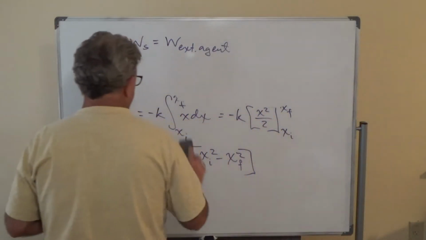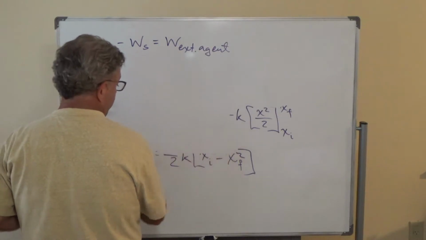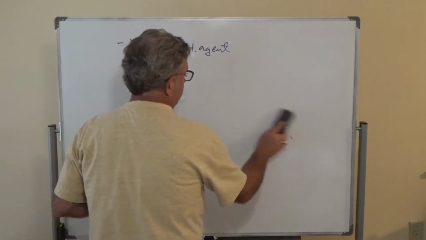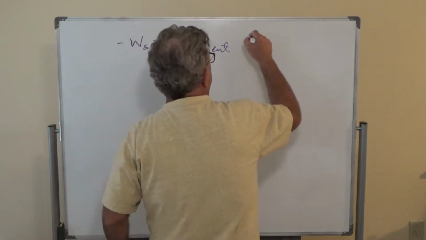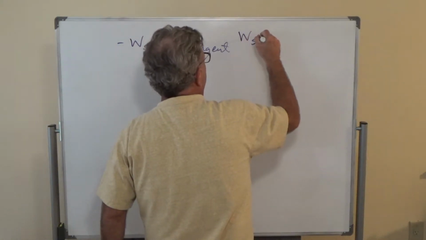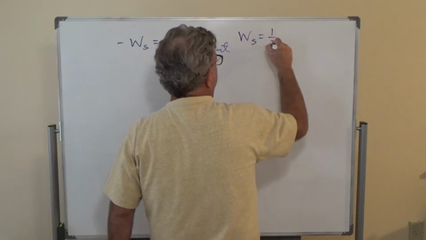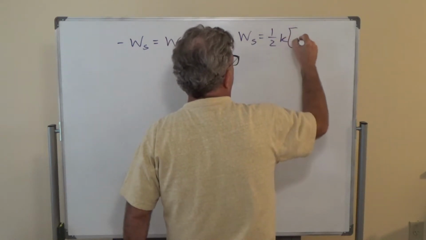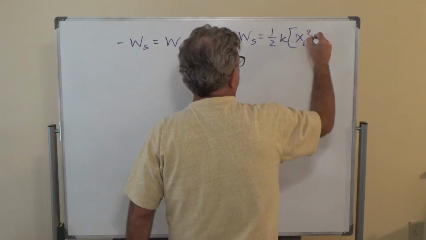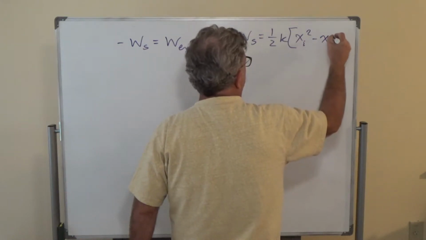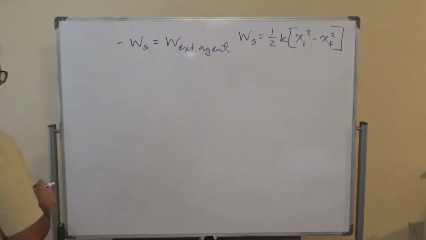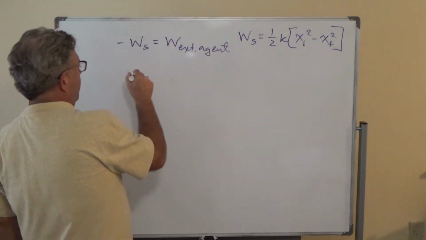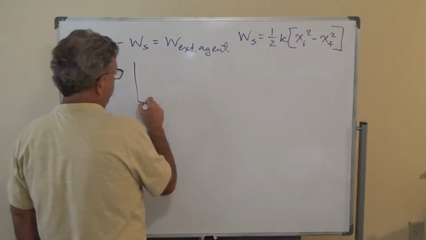Let's look at an example of what you can do with this. So I'll rewrite this up here. Work done by the spring is 1/2 k times (x initial squared minus x final squared). Here's a spring mass system. I wish we had more time.